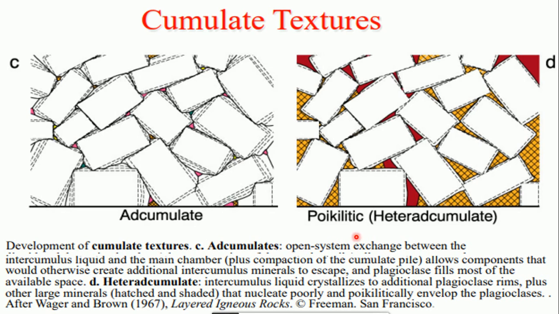Adcumulate: open exchange between the intercumulus liquid and the main chamber, plus compaction of the cumulate pile, allows components that would otherwise create additional intercumulus minerals to escape, and plagioclase fills most of the available space. Heteradcumulate: intercumulus liquid crystallizes to additional plagioclase rims plus other large minerals that nucleate poorly and poikilitically envelop the plagioclase.